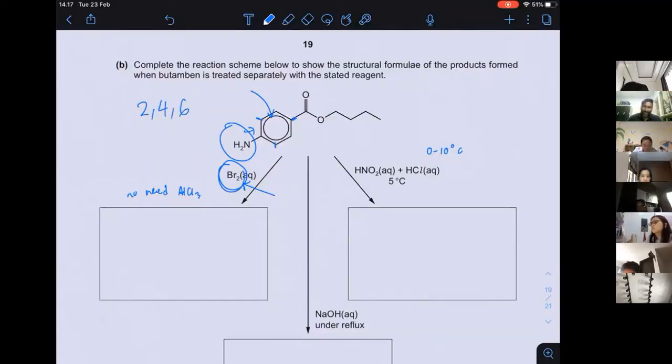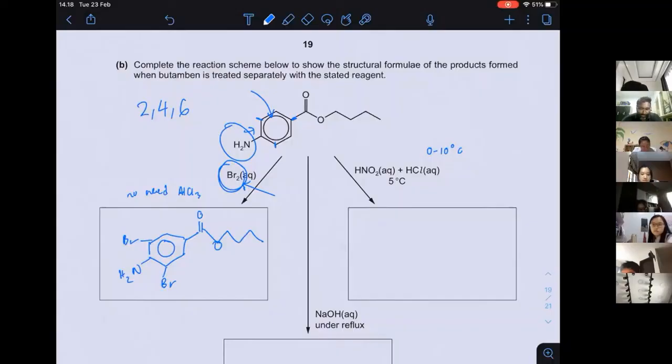So when you draw this, you are going to get something like, I will draw NH2. So here Br will come here, Br will come here. This is going to be the structure that we are looking for.